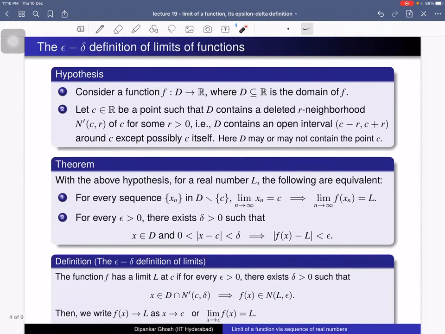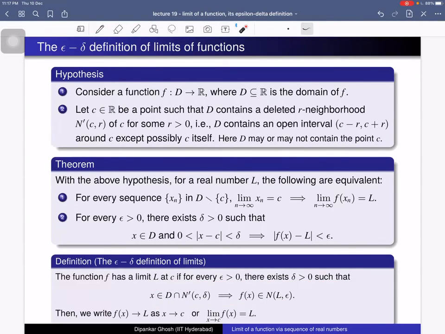Here we prove that both definitions, one in terms of sequences of real numbers and the other the epsilon-delta definition, are equivalent. In some books they define the notion of limit in terms of the epsilon-delta definition.